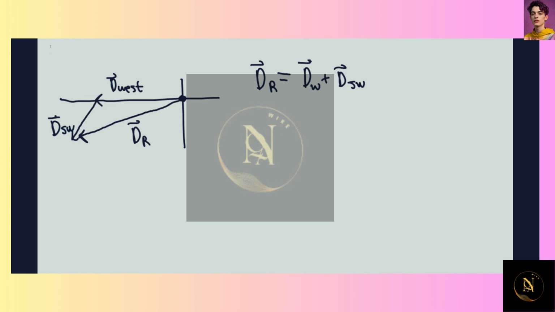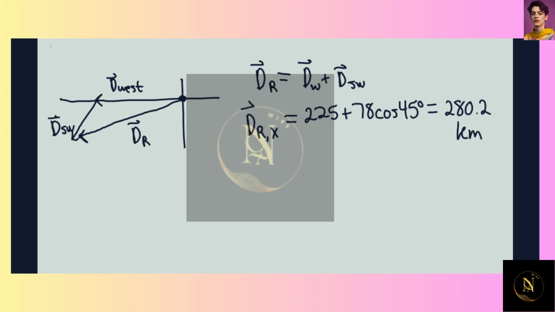And we can say that the westward displacement here would be, so drx, in a sense, the x component of this displacement would be 225 plus 78 cosine of 45 degrees, giving us 280.2 kilometers.